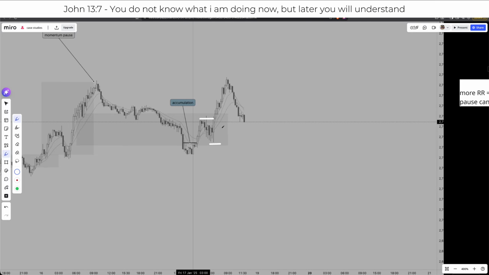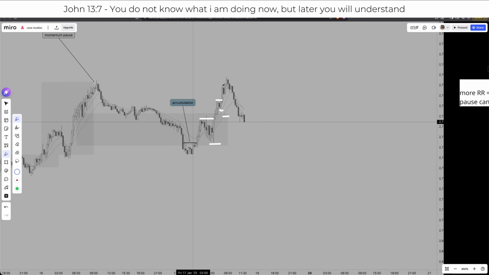Price breaks this high, move my stop loss here. If we get a pause, I move it here. So yeah, this is the downside of it. I get stopped out right there. But if I were to do the momentum swings, I would be right there. I get more RR from that.